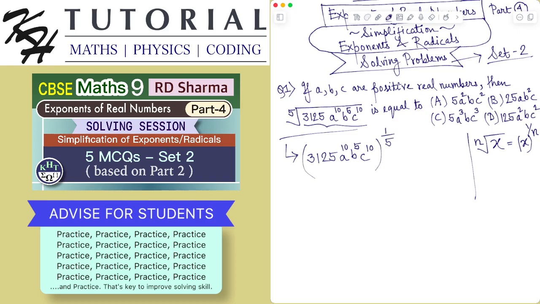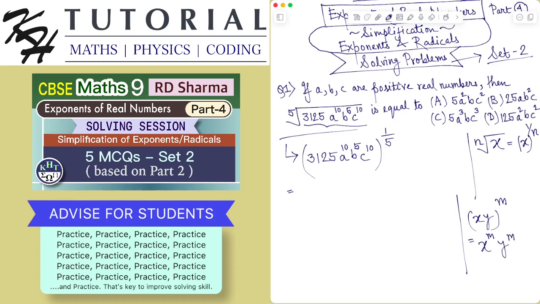Now I will apply the laws of exponents, that xy, where x and y are non-zero real numbers, to the power m, where m is some rational number, is equal to x to the power m multiplied by y to the power m.